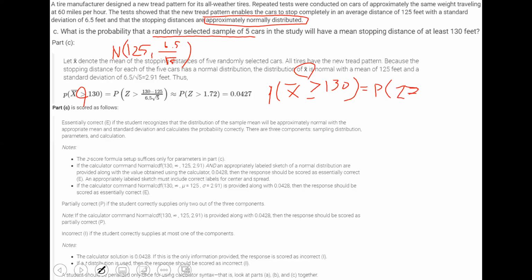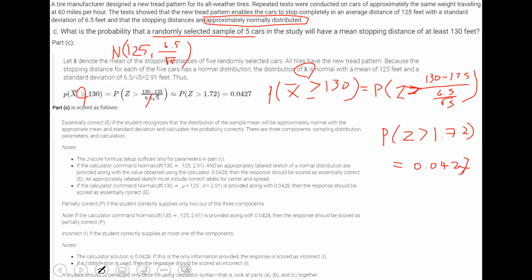Z is greater than, you need to find the Z-score, right? Like this, there's a typo here, it should be division there. And then you get P of Z greater than 1.72, and you can just write 0.0427.